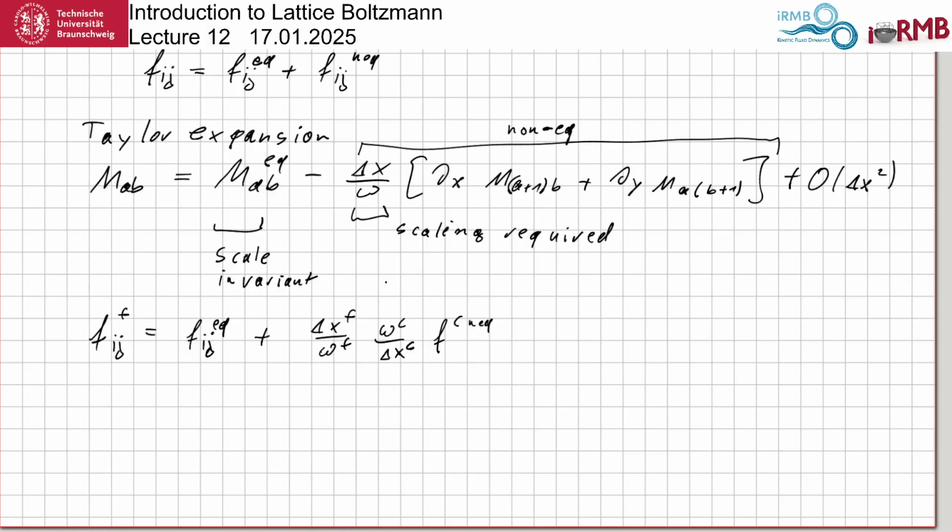So this is how you reconstruct the fine population from the coarse population, and the other way around.